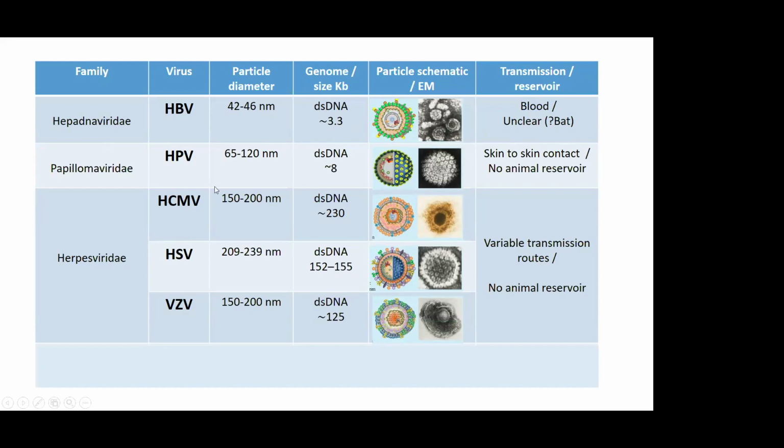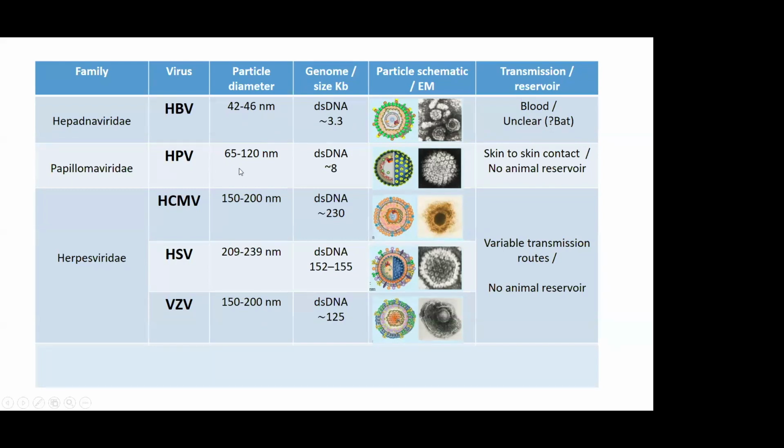They're different in their sizes, in the size of genomes, in the way they look, and also, very important to antivirals, in where they are actually in nature. Do they have reservoirs? Do they affect animals? We think hepatitis B has got a reservoir in nature, possibly bats, but that is not very clear.